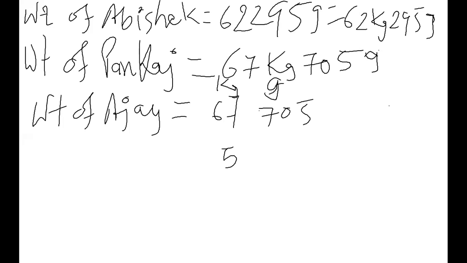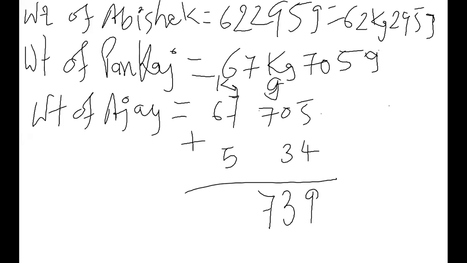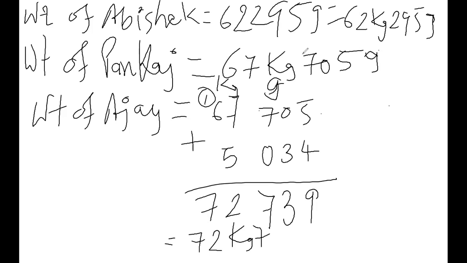We have to add. The answer will be 5 plus 4 is 9, 0 plus 3 is 3, 7 plus 0 because it is 34, not 340. And 7 plus 5 is 12, 1 carried over, 6 plus 1 is 7. So weight of Ajay is equal to 72 kg 739 grams. Okay, everyone, come on, note it down quickly.